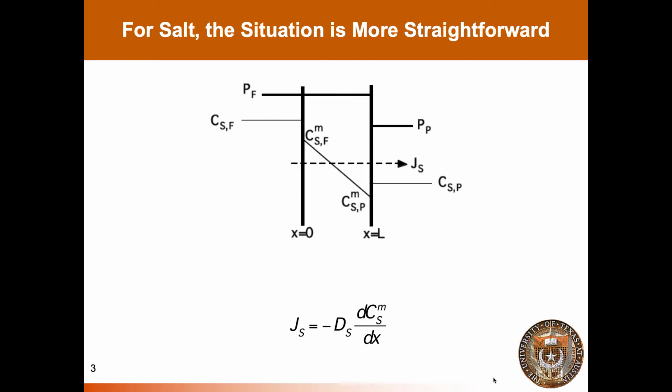And I showed you several lectures ago how this so-called salt diffusion coefficient is related to the diffusion coefficients of the cations and anions. It turns out that electrostatic coupling in the ion transport allows one to write this relationship, the salt diffusion coefficient, in terms of diffusion coefficients of the individual ions.